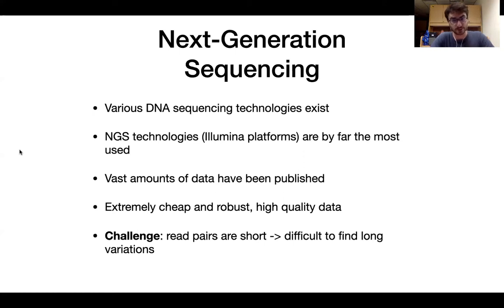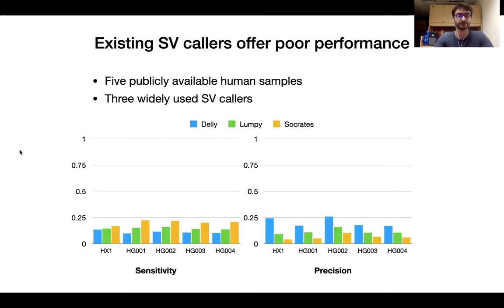It's robust. It produces high quality data with very few errors. However, one challenge is that, as I said, the reads that are produced are very short. And this makes finding long variations very difficult, very challenging.